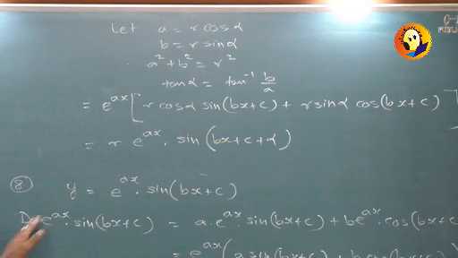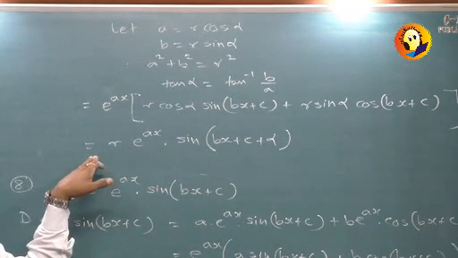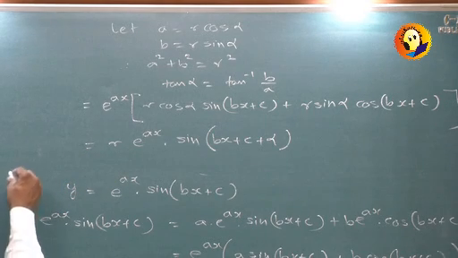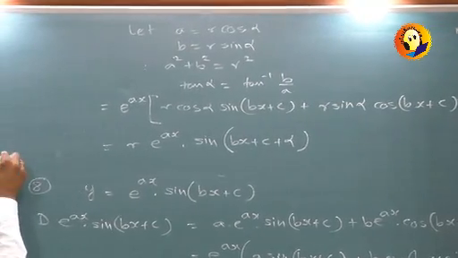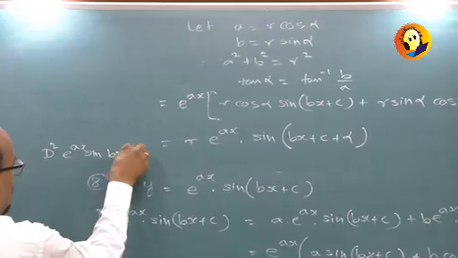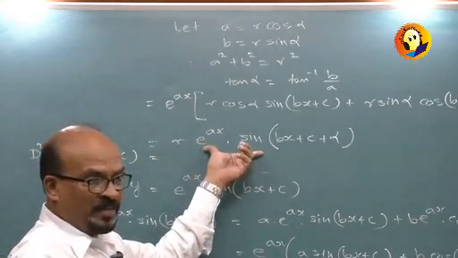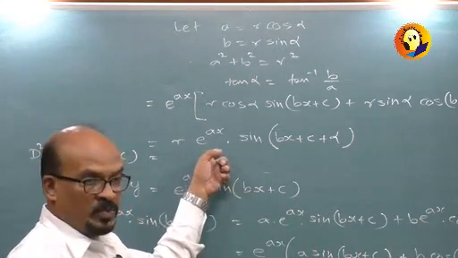So I got it again in terms of e raised to ax into sine, where r is just a constant. Now if I differentiate it once again for the second derivative, d square of e raised to ax sine of bx plus c, I know that again this will get differentiated in the same manner. So e raised to ax will stay.